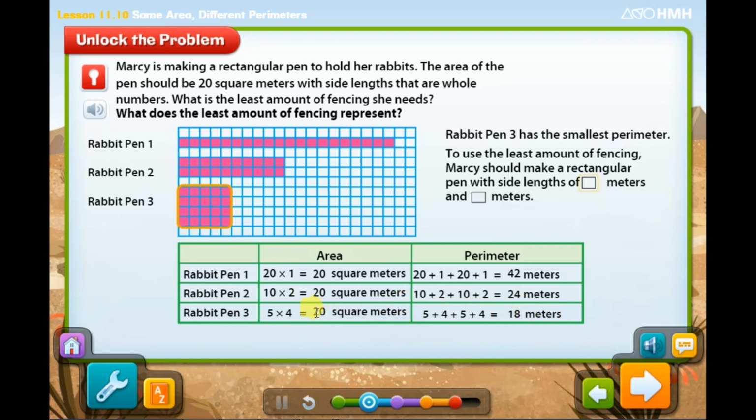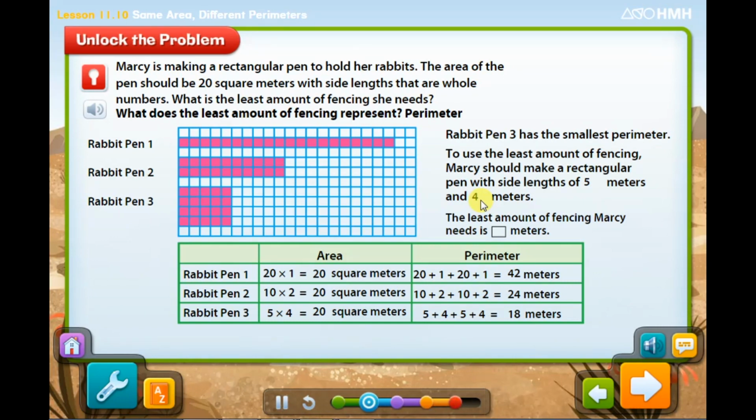So she's gonna use the fencing of 18 and the area of 5 times 4. So the sides here will be 5 and 4. Marcy should make the pen with side lengths of 5 meters and 4 meters.